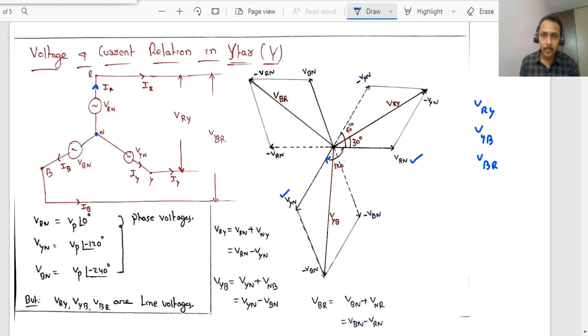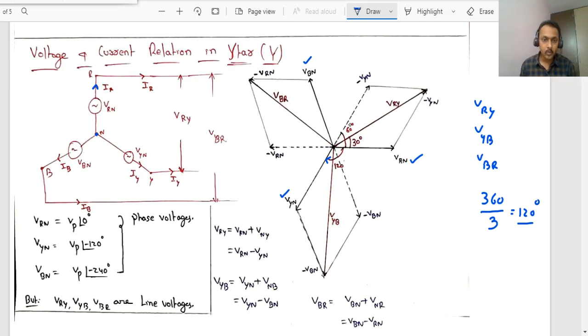After that comes VBN. Observe that between these phase voltages, the angle is 120 degrees. The three phases are 120 degrees apart from each other. The total angle is 360 degrees among the three phases, divided by 3, so we get 120 degrees phase difference between each phase, right?